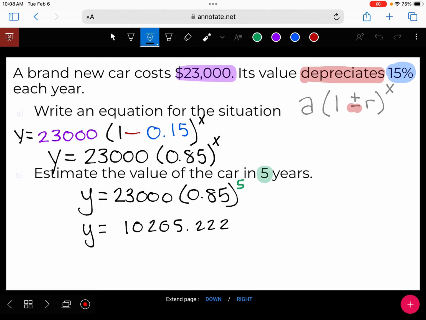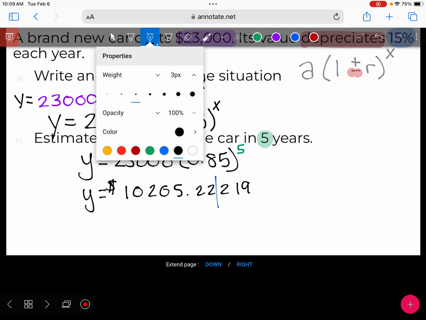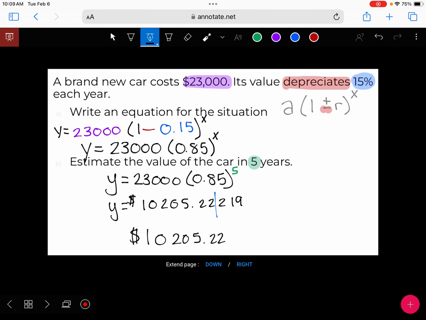So how many decimal places should we have when we're talking about money? 2. Cut it off right there. So the value of our car after 5 years is $10,205.22. It is worth less than half of what it was originally worth 5 years ago.